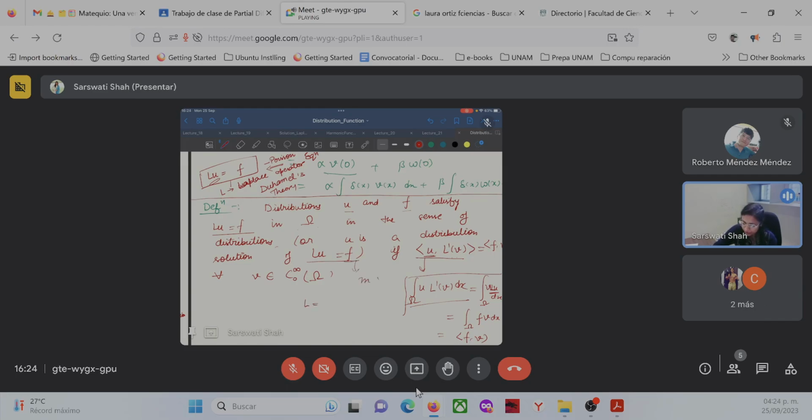In such a way, L is defined as the sum over modulus of alpha of A alpha x d modulus of alpha. So this is the operator. Now this was the way we define the distribution solution.